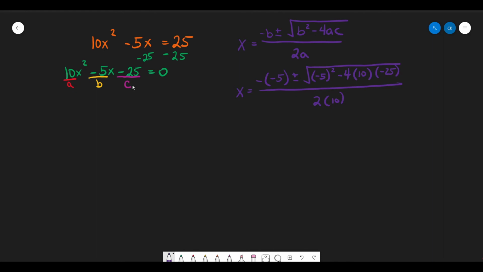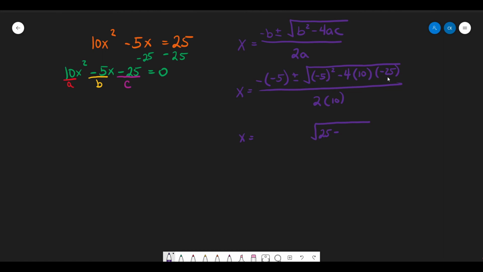Okay, so let's be a little cautious here. When doing the problem, let's start with what's underneath here. Negative 5 squared, that's going to give us a positive 25. So underneath my radical, I have positive 25 minus 4 times 10 is 40. 40 times negative 25, that's going to give us a negative 1,000.